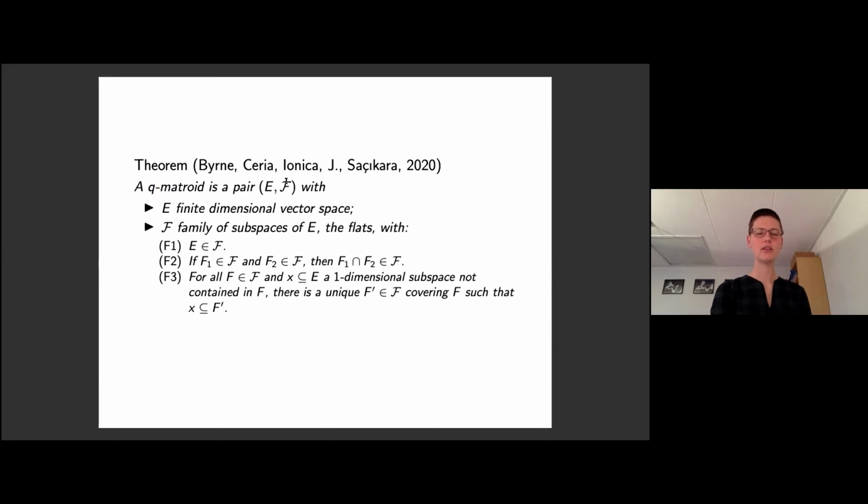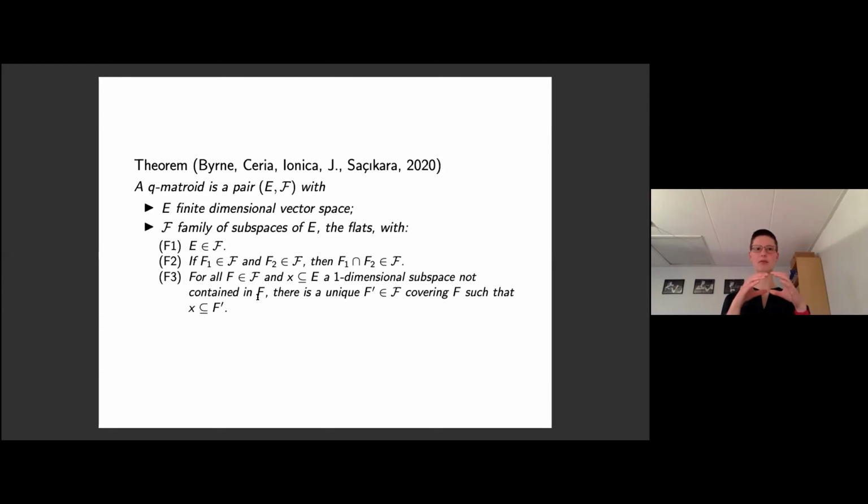The flats of a q-matroid are defined by these three axioms. First of all, everything has to be a flat. The intersection of two flats needs to be a flat. And the third one, maybe it looks a bit different from the statement that's commonly used.